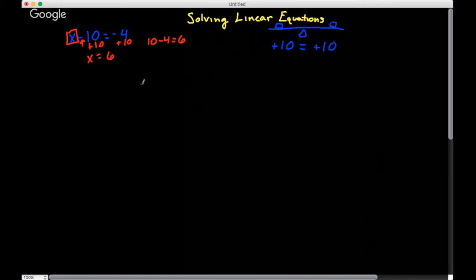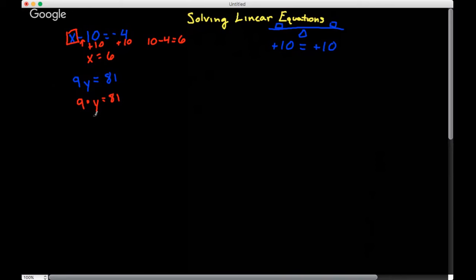Let's look at one with some multiplication in it, okay? So you have 9y equals 81. This is multiplication, all right? I've tried to remind a couple of you guys, anytime that you have something like this, it's really saying 9 times y equals 81.